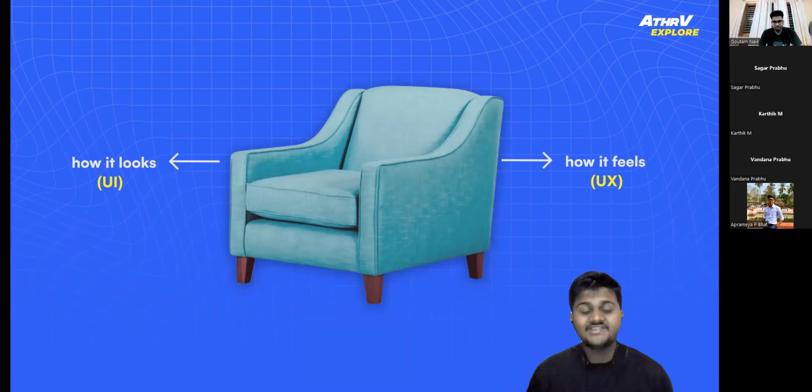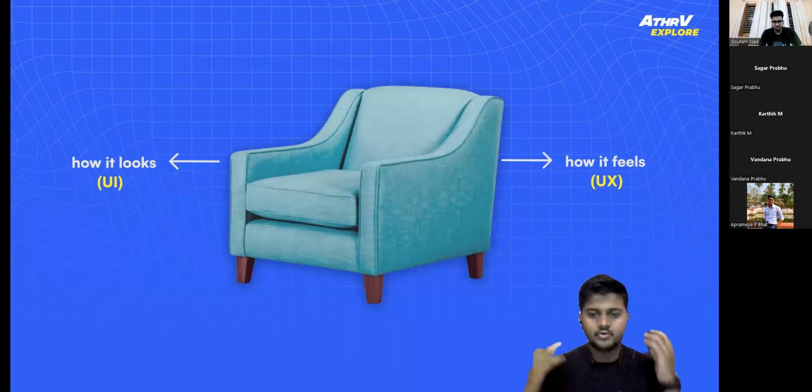How the chair feels, how sturdy it is, how comfortable it is to sit on, all those feelings, all those experiences can be classified into user experience. So that is user interface and user experience in a much simpler manner. This is just an analogy for you guys to understand what is UI and what is UX.